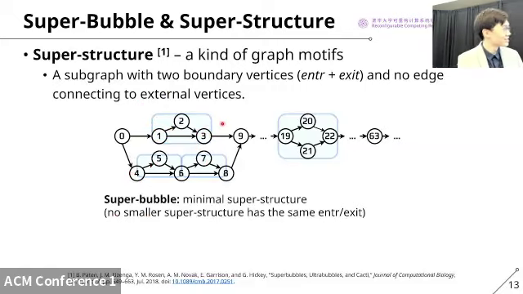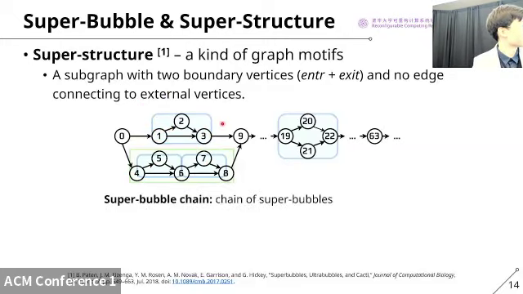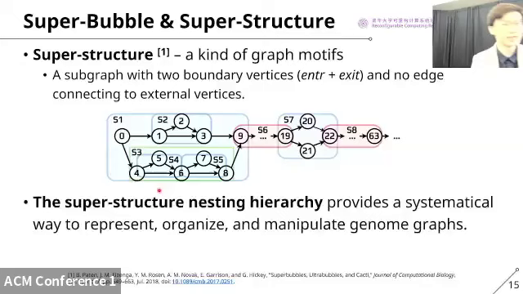So they are kind of isolated subgraphs. Those superstructures have a nesting relationship: those two blue superstructures are nested in this larger green superstructure. So when we eventually analyze the entire genome graph, we can build a superstructure nesting tree.